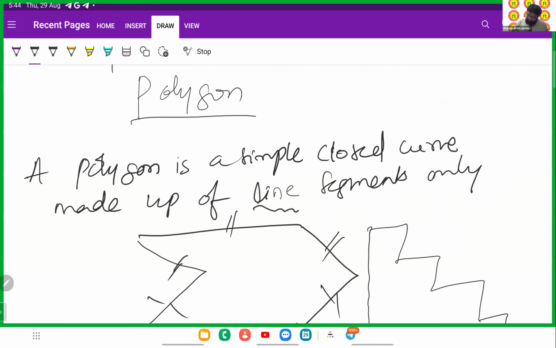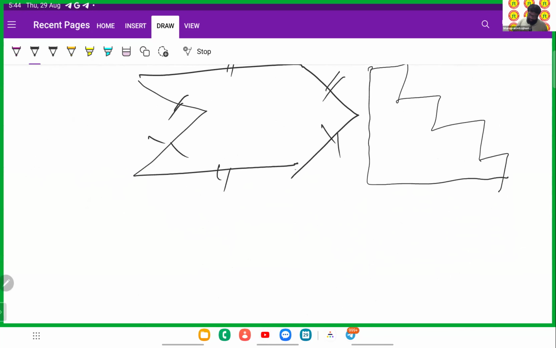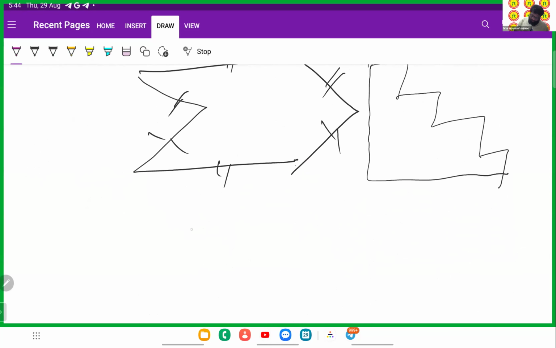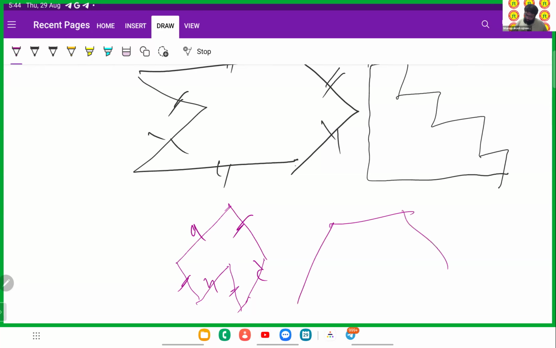Please concentrate on line segments only. So this could also be a polygon. Again, this could also be a polygon.